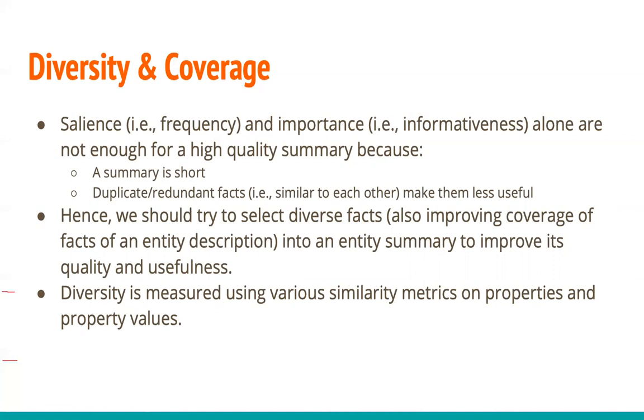We should be selecting as many diverse facts as possible, because then we would be giving a more overall picture of the entity, and also good ranking from these diverse facts. So that's the main idea: we should also be considering diversity.